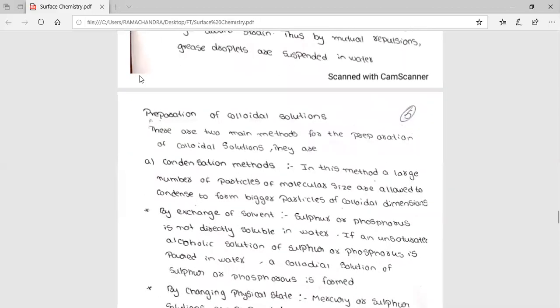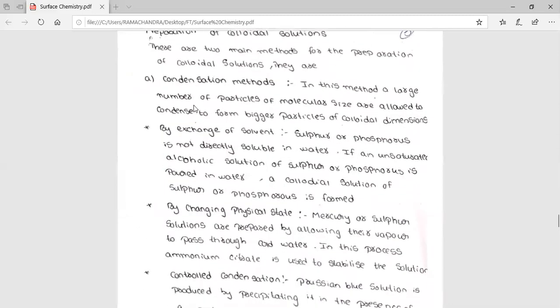So next, we see the preparation of colloidal solutions. How to prepare colloidal solutions? There are two main methods for the preparation of colloidal solutions. Let's see the condensation method.